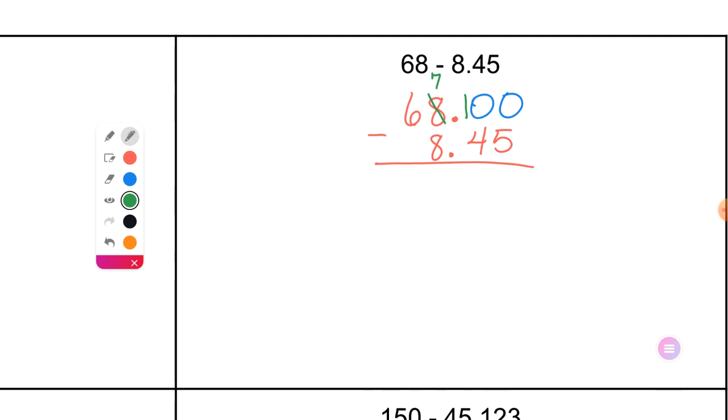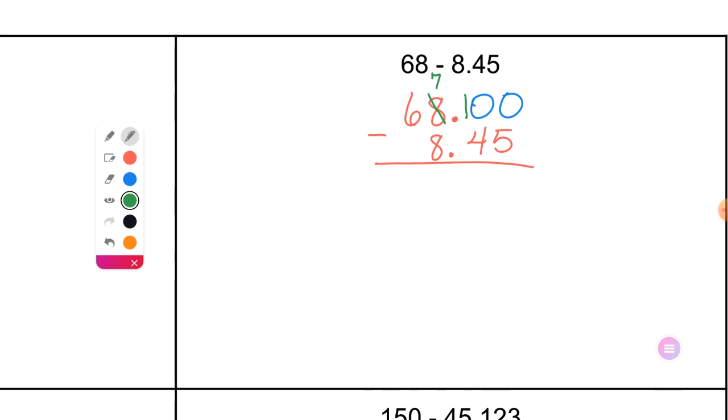Okay, when you regroup, you really only pull it over 1 column. But we had to pull that one over to that column so that what, Addie? Yeah, so now I have something in that column to steal from for the hundredths column.